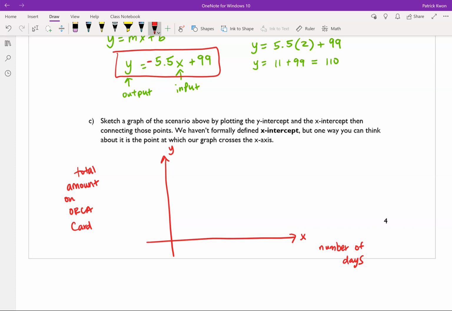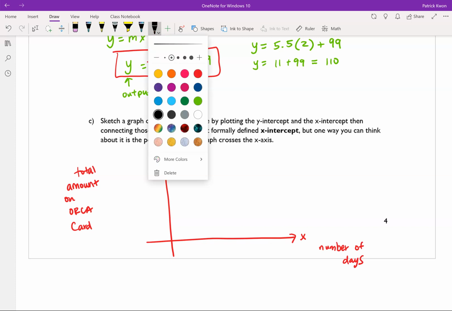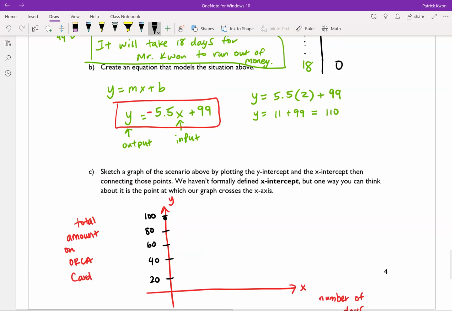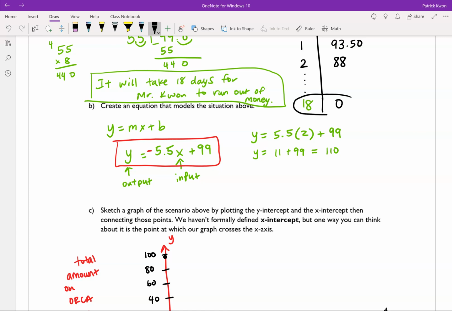And we already know from our table what our y-intercept is, and our y-intercept is (0, 99). So maybe I could go by 20s here. So our y-intercept is just going to be below 100 right there. And we've figured out that after 18 days is when we're going to run out of money, or in other words, this here represents our x-intercept if we created an ordered pair out of that.